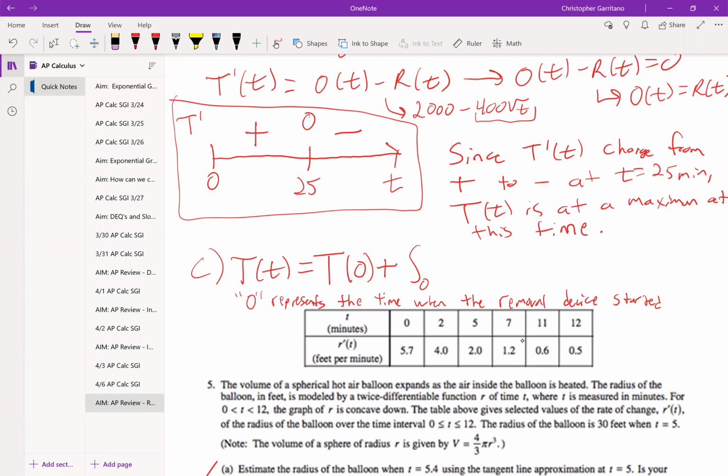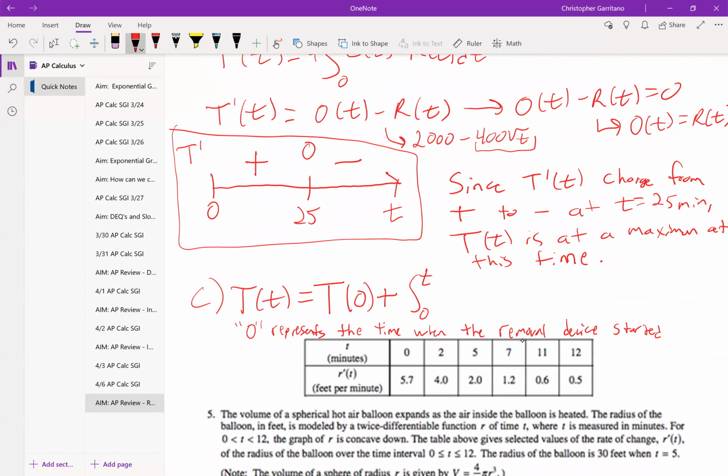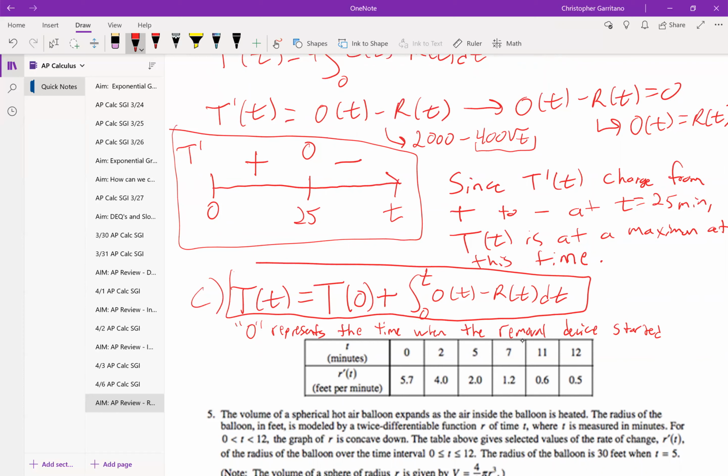Oh, no, we're going to use the letter t because that's what my function is defined as. And then again, it's just the difference in rate in minus rate out. And that is the integral expression they're looking for.